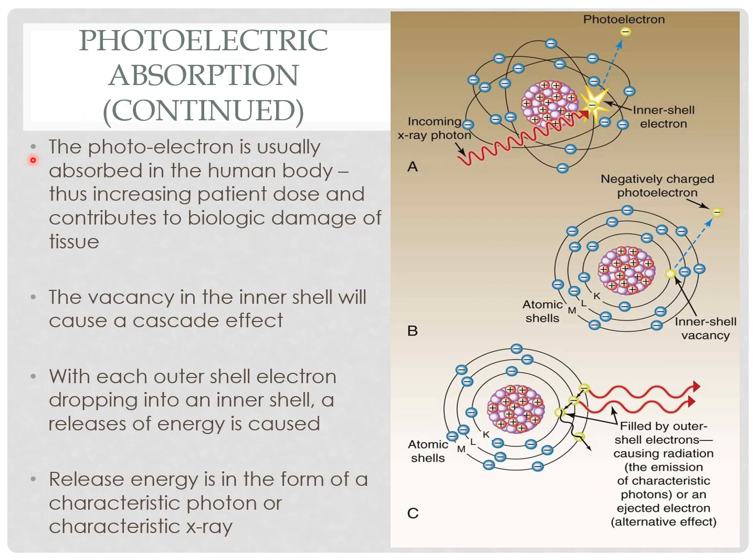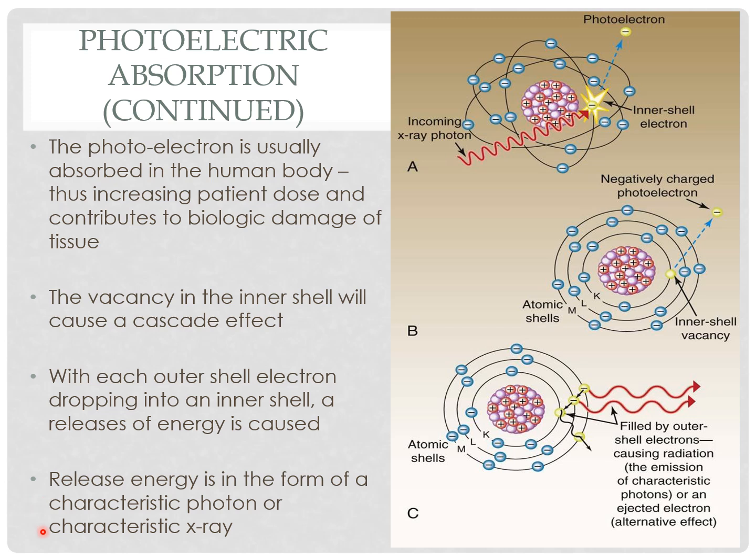The photoelectron is usually absorbed in the human body, thus increasing patient dose and contributing to biological damage of tissue. I've seen this question many times on the registries and in RadTech Bootcamp. The vacancy in the inner shell will cause a cascade effect, with each outer shell electron dropping into an inner shell and a release of energy. The released energy is in the form of a characteristic photon or characteristic X-ray.